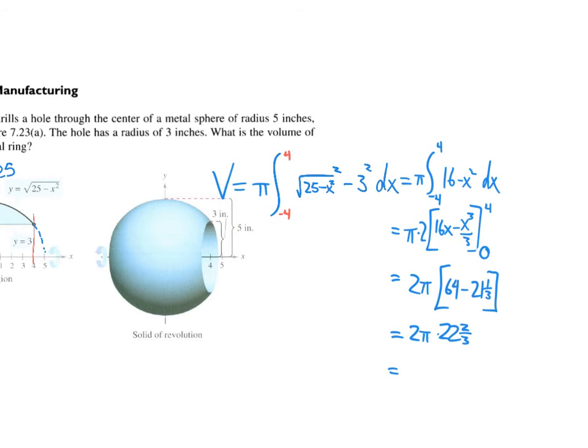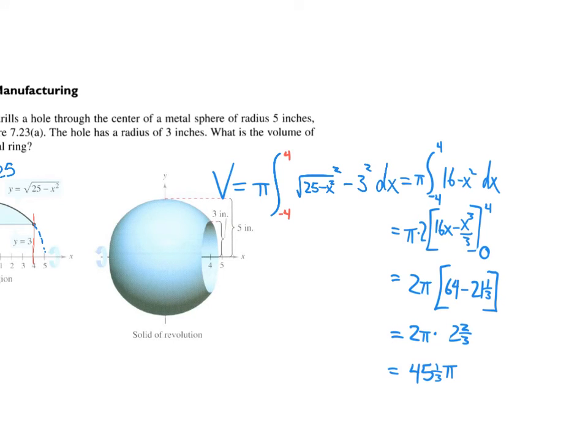45 1/3 pi. Okay, what'd you guys get? 96? We got 96 because we messed up. We did 64 over 3 is 18. Isn't it 42? Hang on, my arithmetic's off. That's what I get for being sick for 4 days.